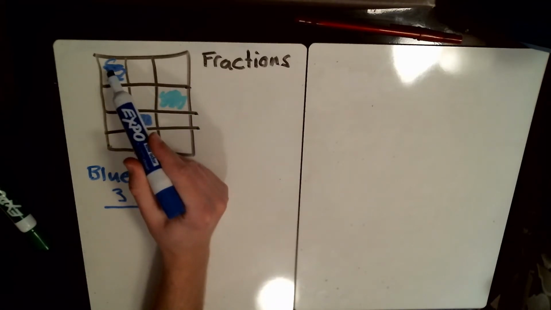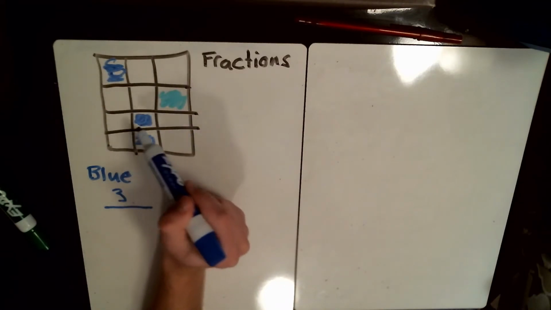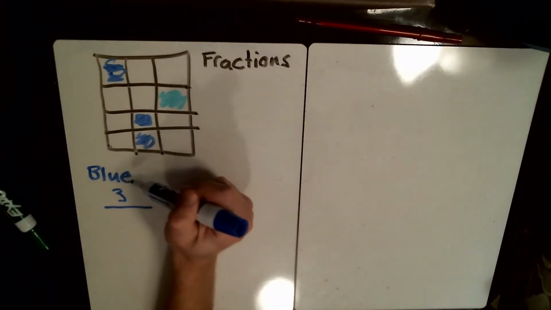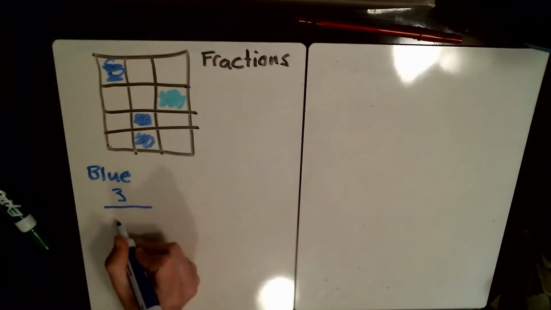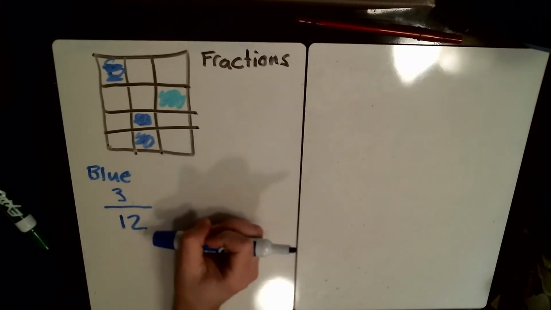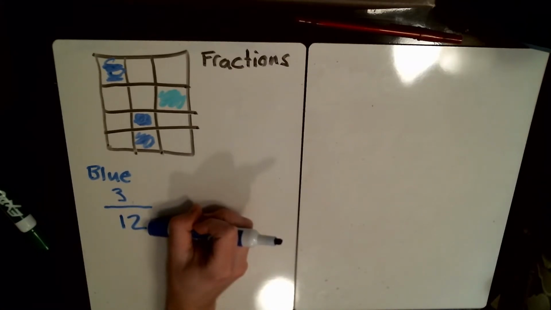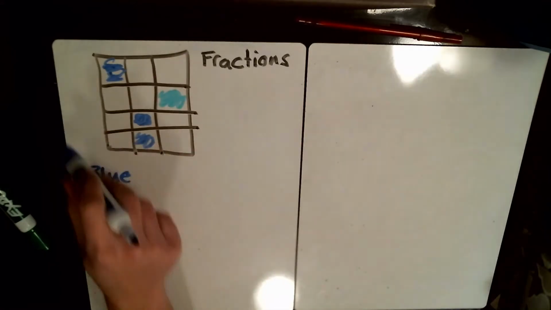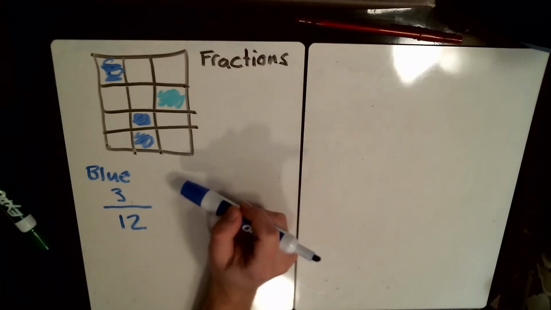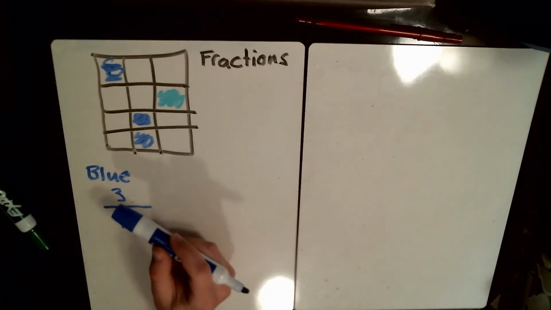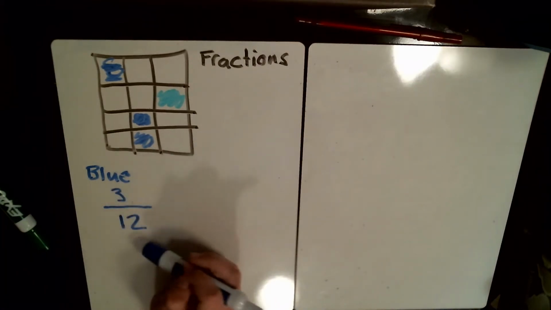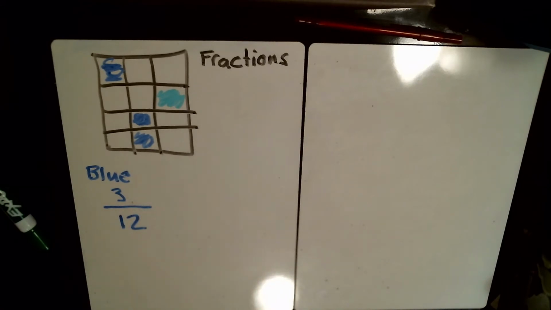Well, there's 1, 2, 3, 4, 5, 6, 7, 8, 9, 10, 11, 12 pieces, right? A 3 by 4 rectangle would give us 12 pieces, okay? So there's 12 in total. So 3 of them are blue, 12 total pieces. So how much of this rectangle is blue? Well, there's 3 out of the 12 that are blue.